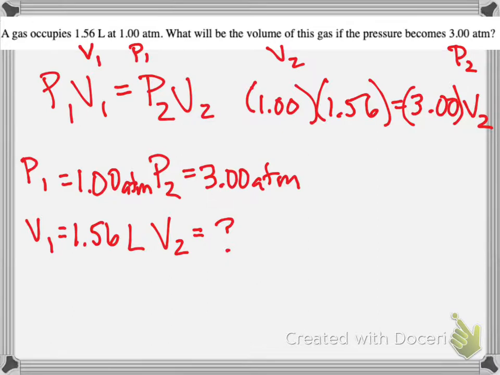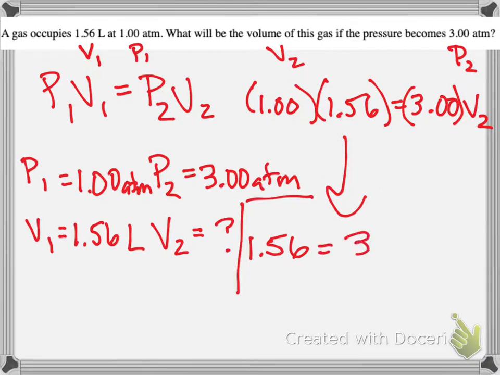So now we're going to solve, and the way we're going to do this is we're going to make sure we get V2 by itself. So the first thing we'll do is multiply everything that is on the left-hand side of the equation. So 1.00 times 1.56 is going to be 1.56, and that is going to be equal to 3 times V2.